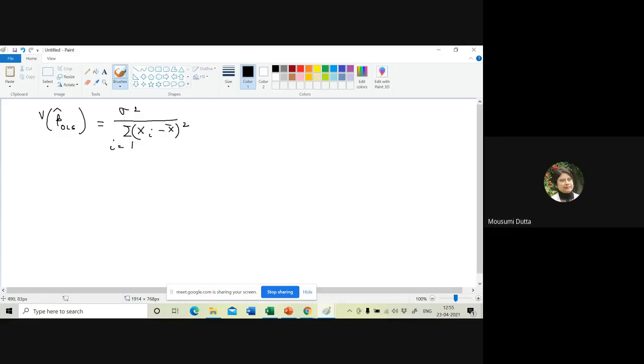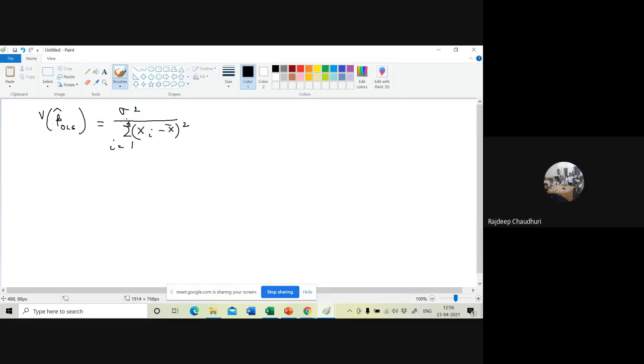Okay, this is a numerical exercise, isn't it? So you need to calculate this summation xi minus x bar whole square, given the observations on xi.